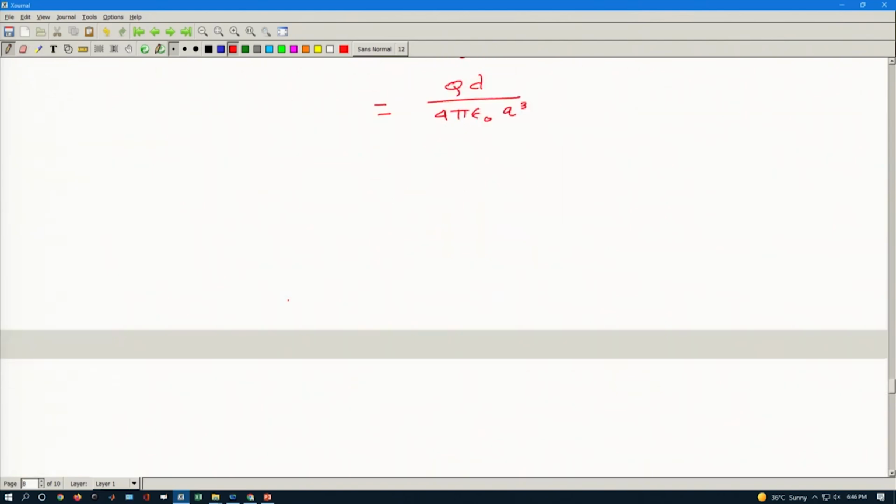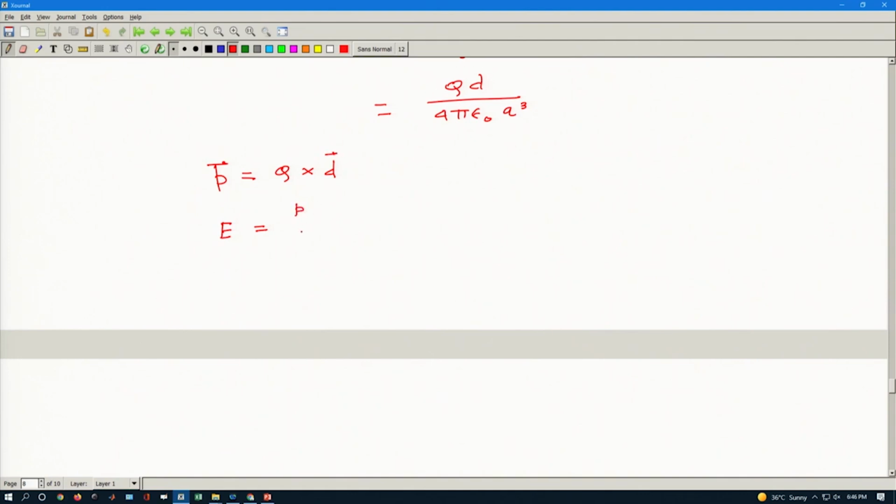Now, for the atomic polarizability, we know how to calculate the dipole moment. The dipole moment p is the total charge multiplied by the distance d, and the electric field is equal to p, with qd sitting here.